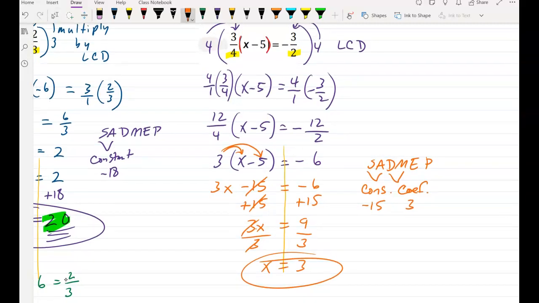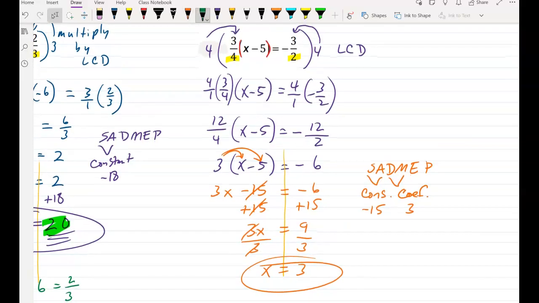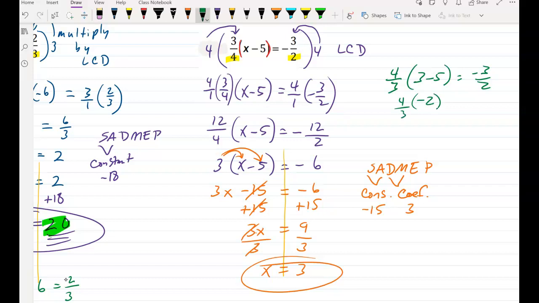Now, if you want to make sure your answer is correct, of course, you put it back into the original equation. So we'll do that right over here. 3/4 times 3 minus 5 equals negative 3/2. Okay, well, let's see here. 3 minus 5 is negative 2 times 3/4 equals negative 3/2. Negative 2 over 1.